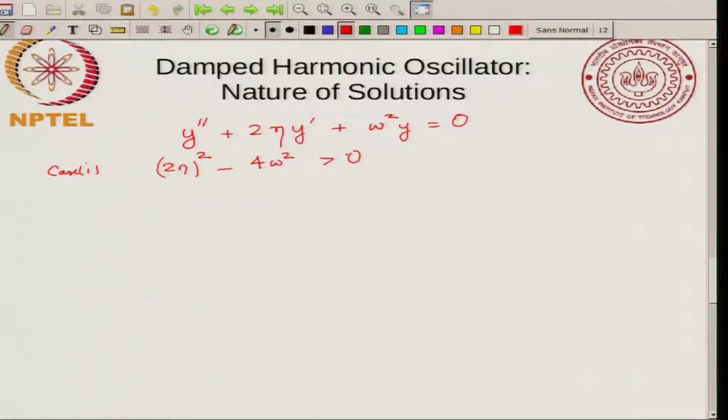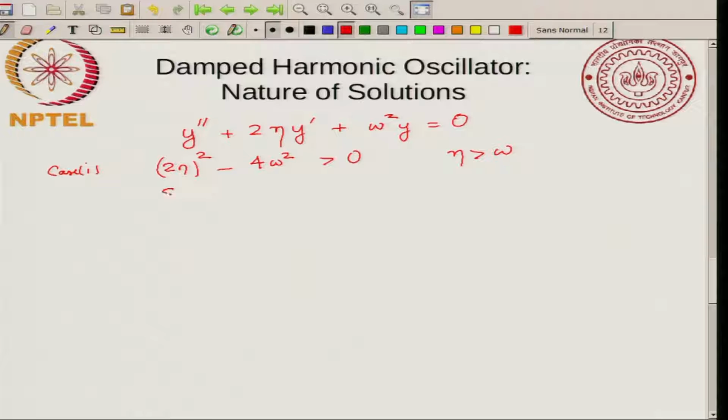So I can cancel the 4, and what I get is eta square is greater than omega square, or eta is greater than omega. If eta is greater than omega, then this quantity is greater than 0, and as we said, if this quantity is greater than 0, you have exponential solutions.